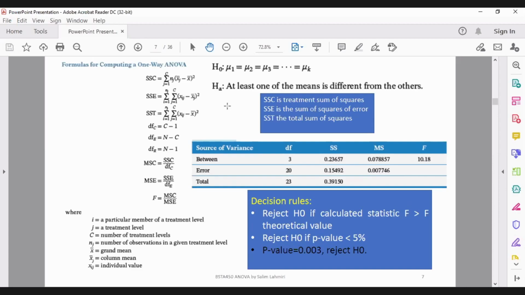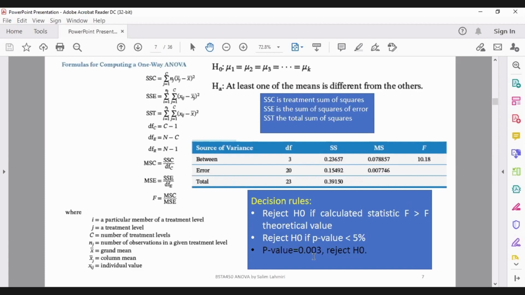From this example, the calculated p-value is 0.003, which is less than the 5% significance level. So do we accept or reject H0? What do you think? We reject the null hypothesis.